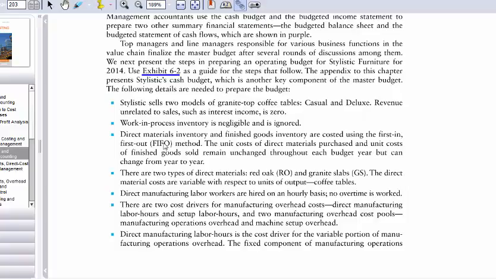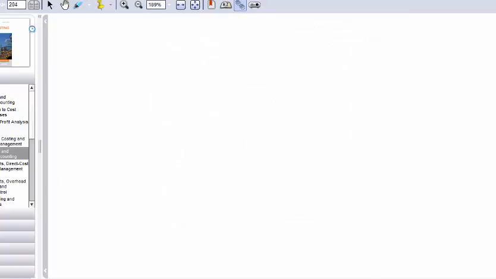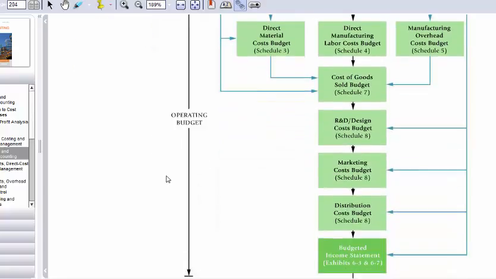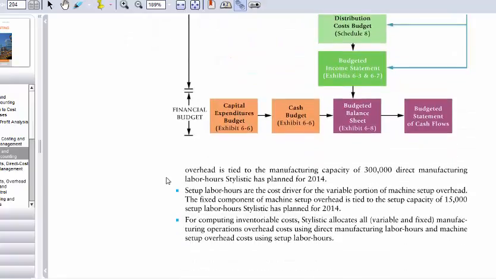They have direct materials that go into making these. They have red oak and they have granite slabs. All right, these are our direct materials. We are going to need so much of those in order to produce the casual model and to produce the deluxe model. So if we scroll here to our next page, let me find the rest of our fact pattern.